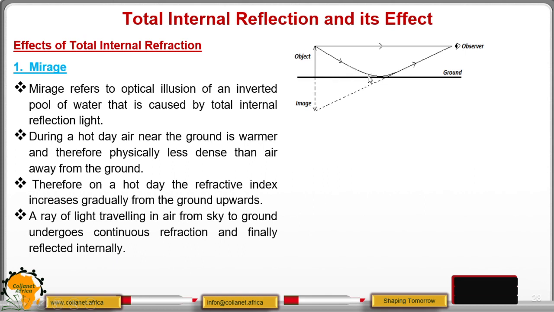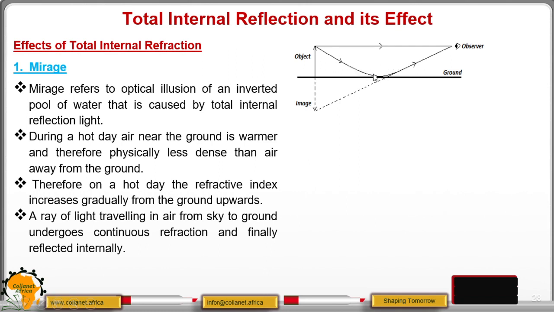So we are saying that during the day, the air that is near the ground is warmer, but the air that is away from the ground is a bit cool. So what will happen is that a ray that is coming from the sky will undergo continuous refraction, and at the ground here it will undergo total internal reflection.